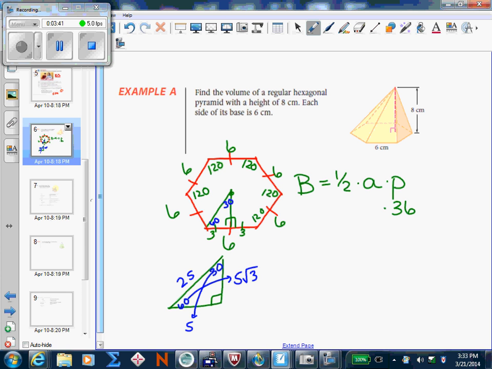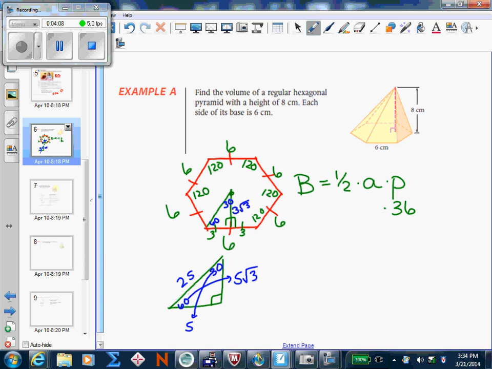So in our picture, the side across from the 60 is going to be 3 square root of 3. And that side just happens to be our apothem. So I like this problem because it makes you review your 30, 60, 90 special right triangles. Okay, so the apothem is 3 square root of 3.